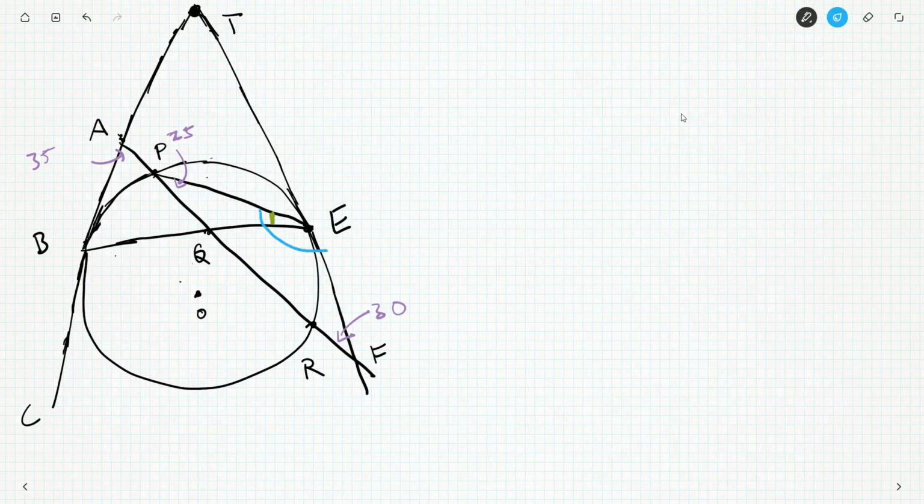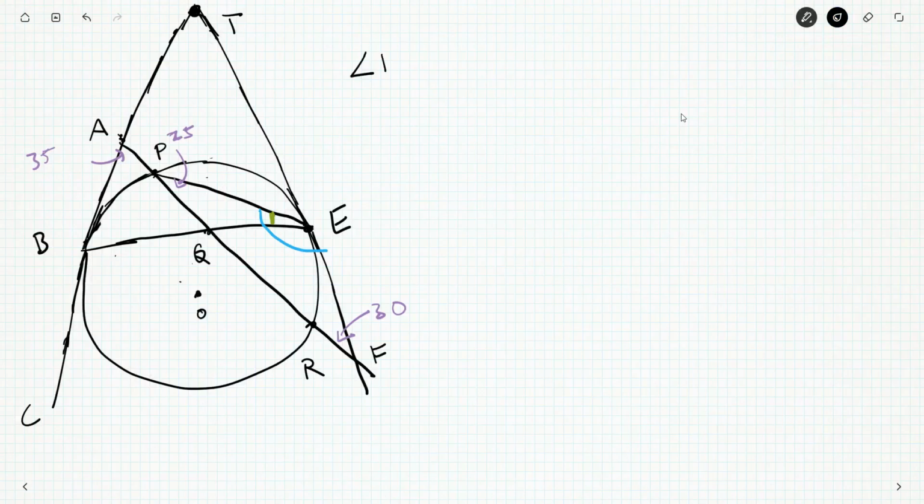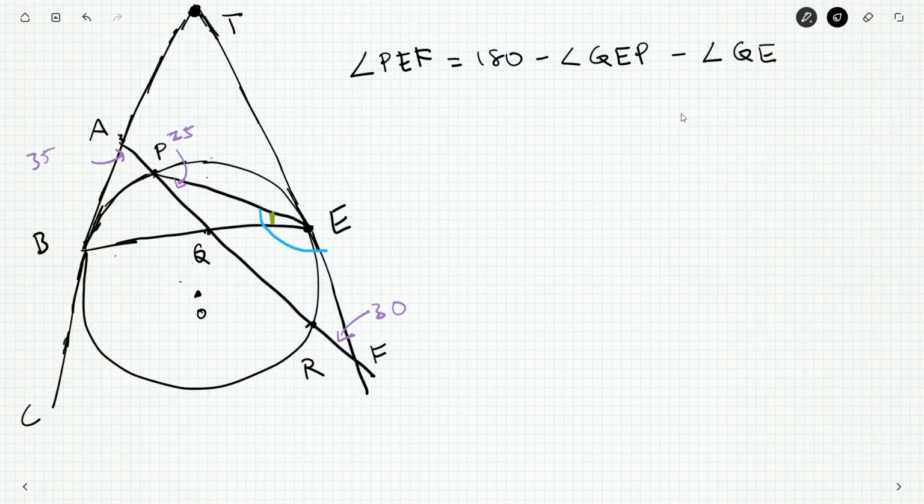And this angle here catches my attention because, so what I can say is angle PEF is 180 minus angle QEP minus angle QFE. So that's 180 minus 25 minus 30. So that's 150 minus, so it's going to be 125 here. And that sort of contains our green angle.